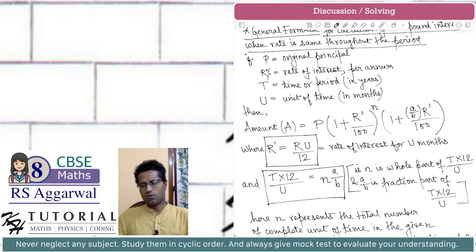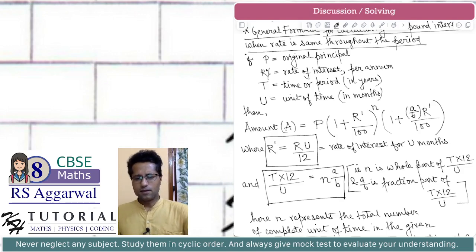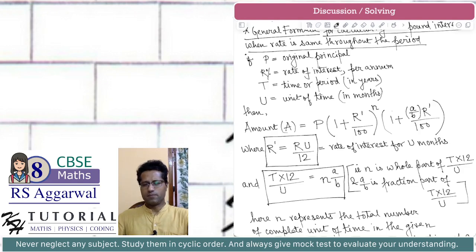That is, n is the whole part and a by b is the fractional part. Now for some values of t and u, a by b can be 0 or n can be 0. It will depend on the value of t and u.